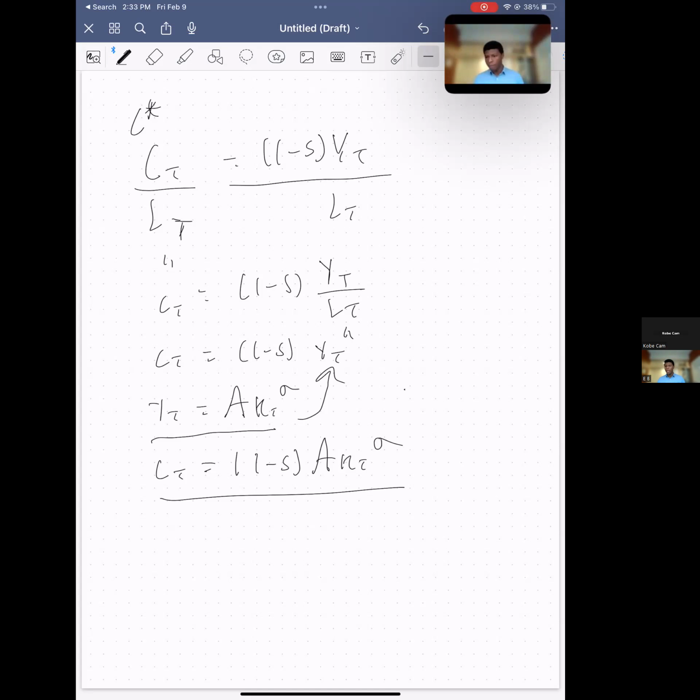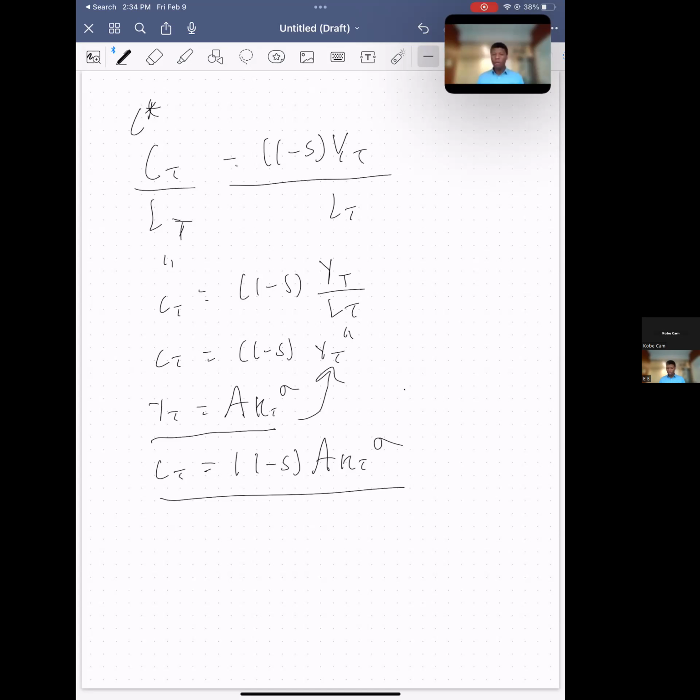So if we want to figure out what consumption per capita is going to be in the future, what we really need to figure out is what capital per capita is in the future. If we know that these are constants, these don't change, then we need to figure out what capital per capita is in the future.